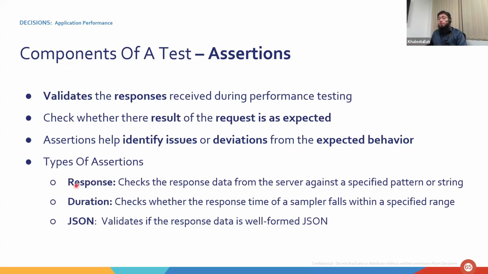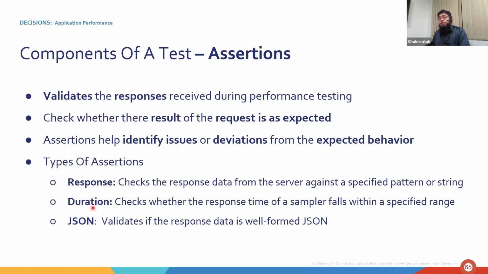There are three types of assertions we have. One is response assertion. Using response assertion, you can assert the response message which was received from the server, or you can assert things like the status code which was received from the server.